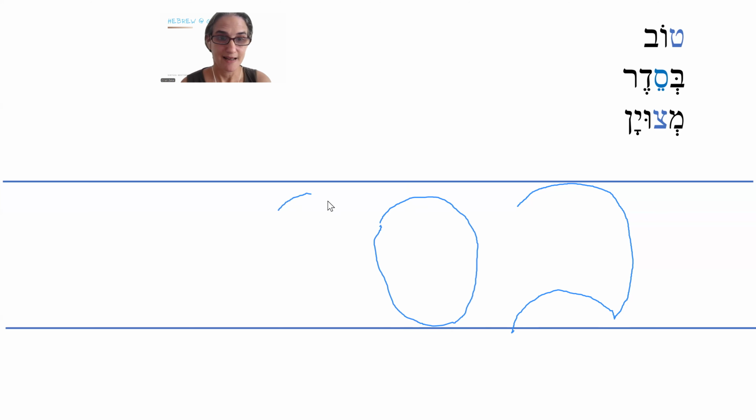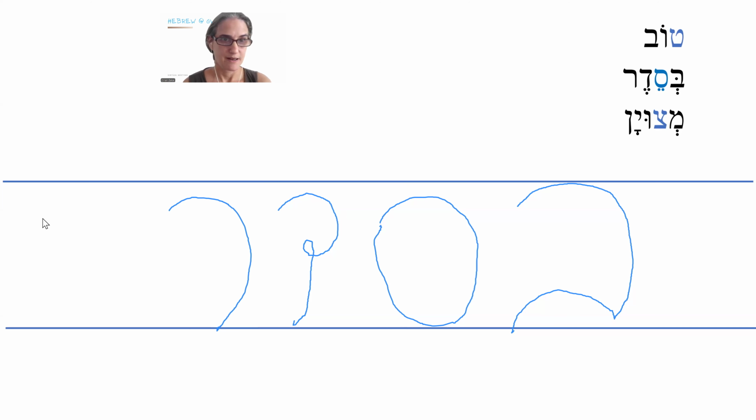And the daled, remember, like a little three with a bubble in the middle and relatively straight. That's how I differentiate the tzaddik that is bigger and has two semicircles. And the daled is a little bit similar in shape, but smaller. And then this is our resh, בסדר.